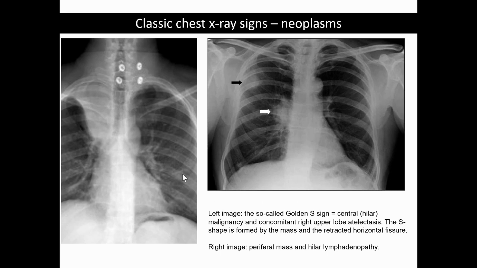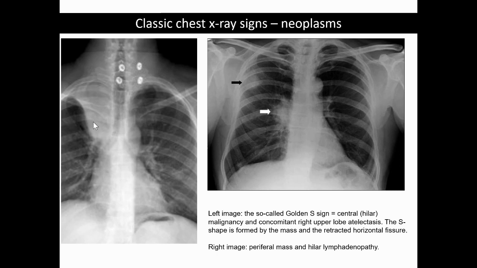Neoplasms. On the left image, you can see the classic golden S sign, which is caused by a central mass that's sitting in the right hilum. And since it's compressing the right upper lobe bronchus, the right upper lobe is completely atelectatic.